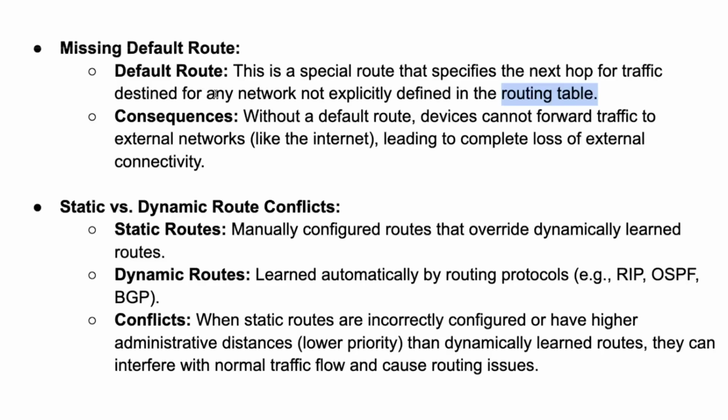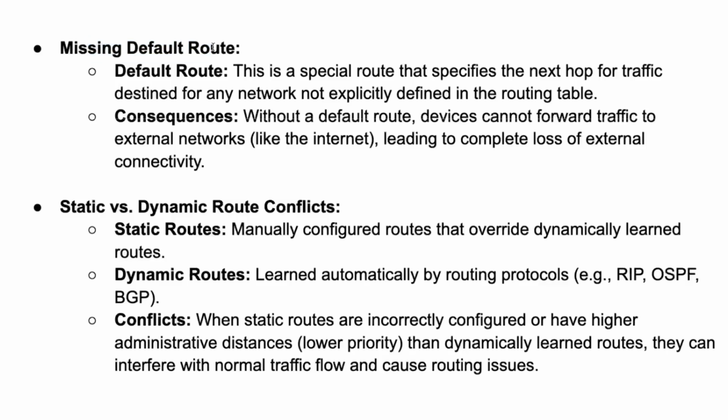The packets leaving your network know that if the network they're trying to reach is inside your routing table, they know where to go. Now, if the network they're trying to reach is not inside your routing table, then there needs to be at least a default location the packet knows: okay, if it's not in this routing table, then at least my next hop is to go to whatever this default route is.